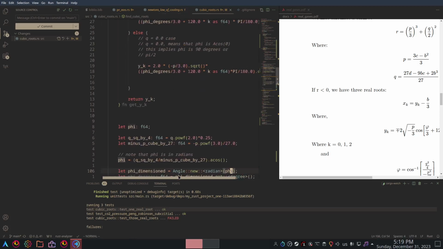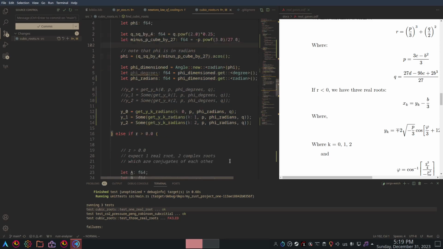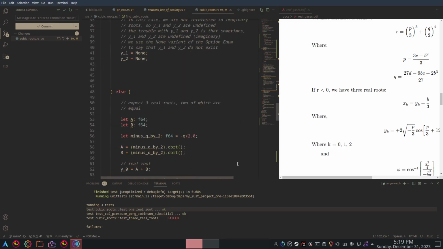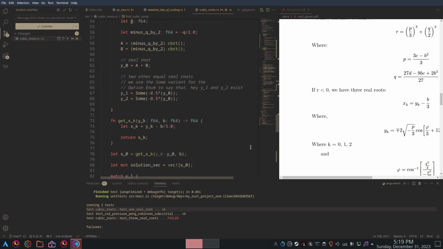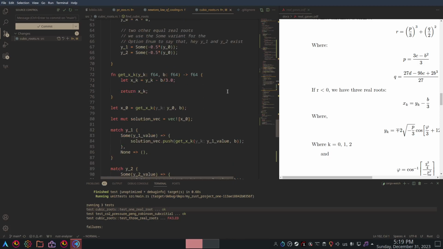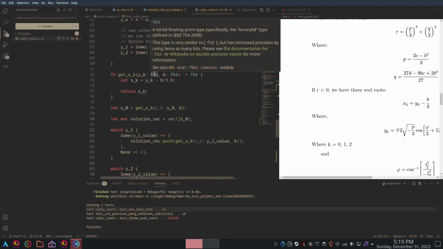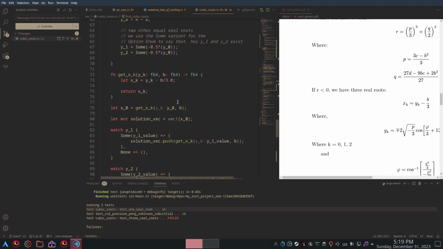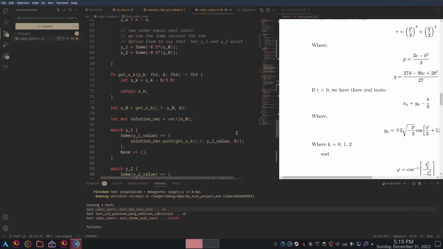So the conjecture is that the error must be something else. If the error is something else, then there are only a few possibilities. I wanted to eliminate whether the degree to radian conversion was a problem, and I've just found out that it's not.